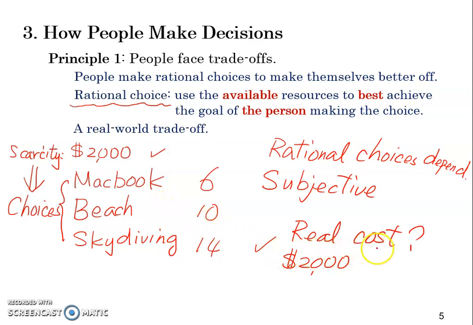So the real cost is the benefit or the pleasure you could get from your second best choice. In this case, it would be the vacation on the beach. Okay, so here the real cost is what we call the opportunity cost.